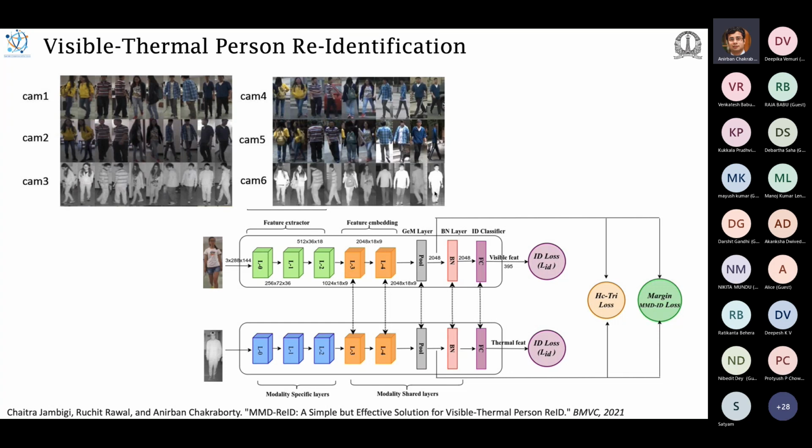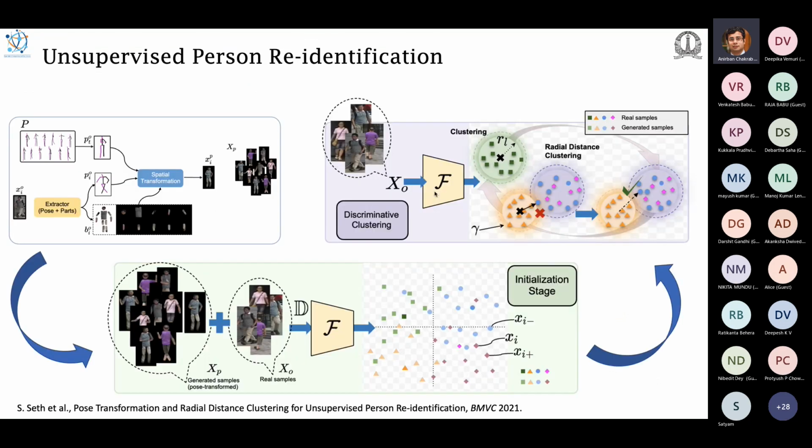And basically, it uses a novel, margin-based formulation to match the feature distributions of visible as well as thermal samples and minimize the intra-class distances while maintaining feature discriminability. It's a very simple framework, but we see that even with such a simple framework, you can get a fantastic improvement in visible to thermal person identification performance, right?